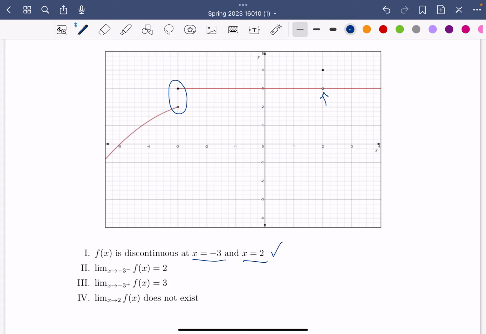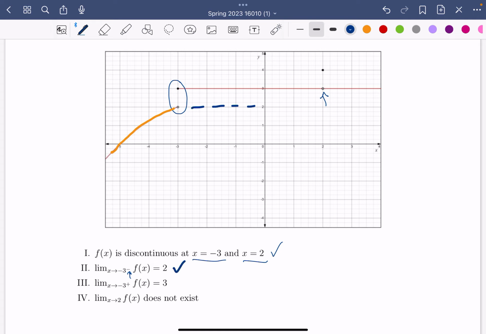So this is true. Now, the limit as x approaches negative 3 from the left, notice this negative sign means from the left, of f of x equals 2. If we go from the left side, approaching negative 3, we can see that the limit does in fact equal 2.